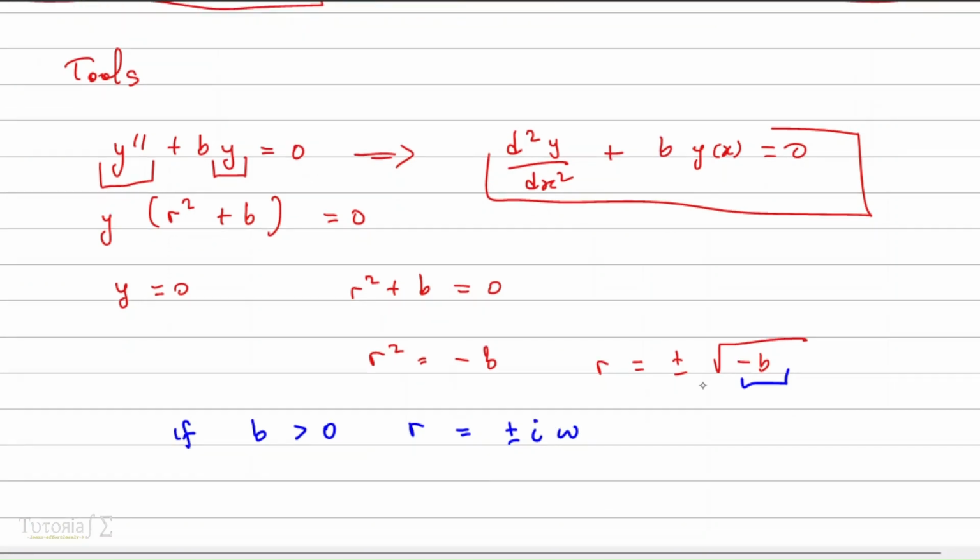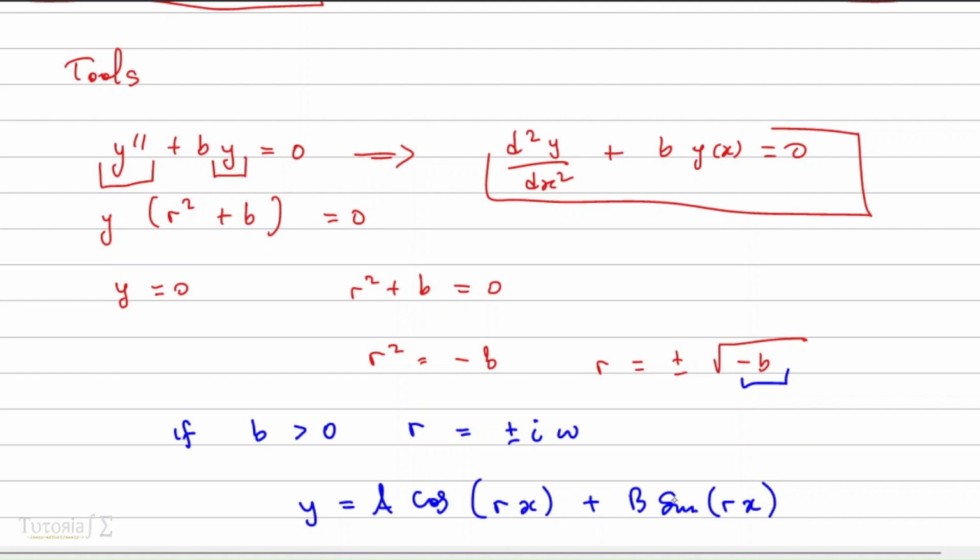Then our method says if r is a complex number, then the solution is made up of sine and cosine, right? Yes. So meaning that the solution will be some a cos(r x) plus b sin(r x).